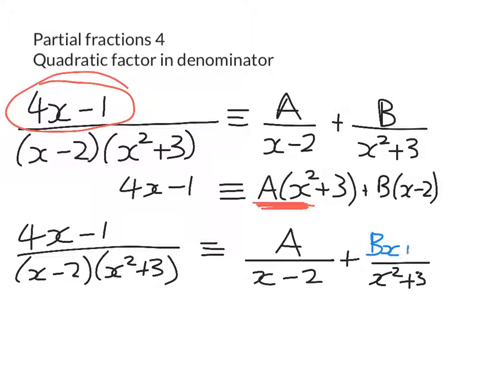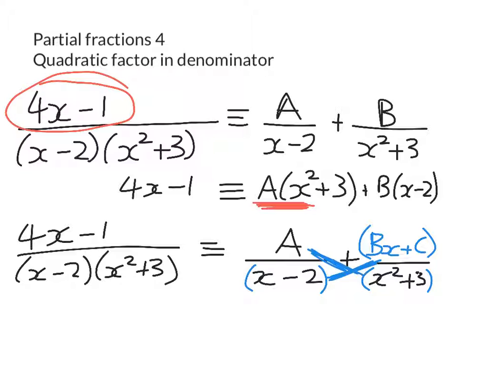Right, now how's that going to help us? Well, it will work like this. When we cross multiply, these two together are going to give me a second x squared coefficient, and that's going to offset this one here. Okay, so you'll get the idea as we get into this example.